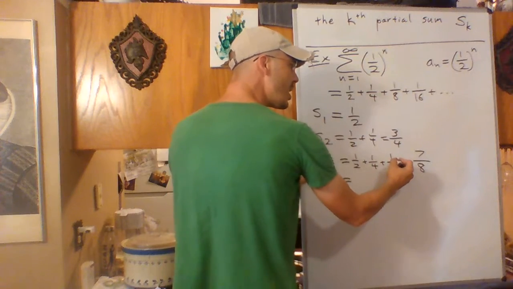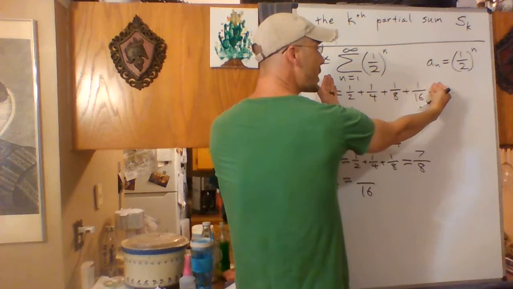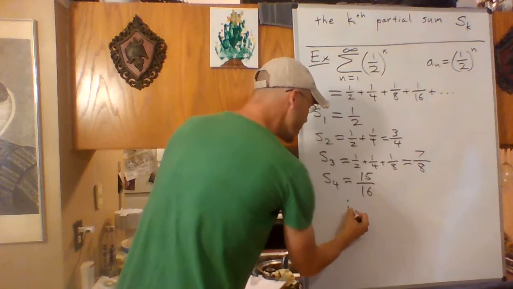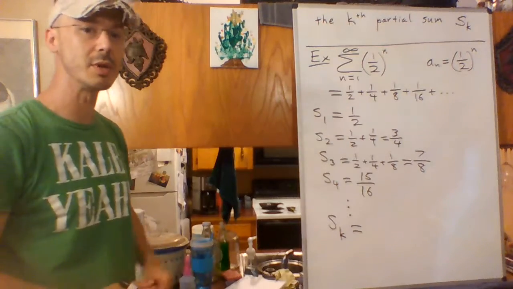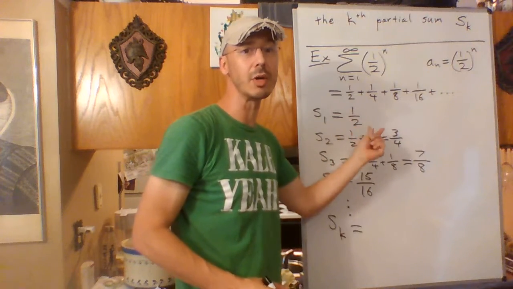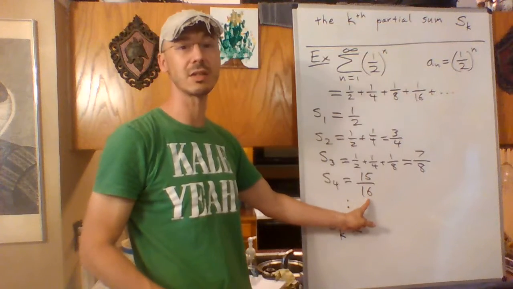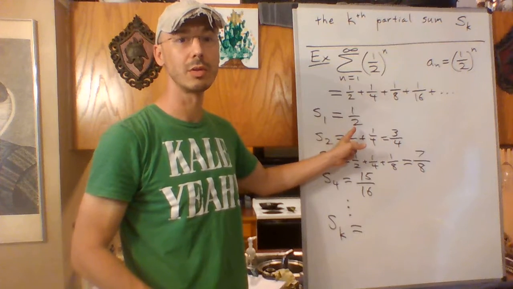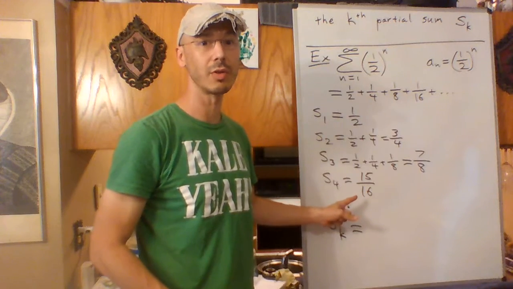If I add the first 4, well, S4, I'm just going to write it down rather than the whole list. It's so many 16ths. Well, how many? It's 15. And you can do work with the fractions if you want. Let's get to the general pattern though, which is S_k, the kth partial sum. Following this pattern, when I combine the fractions, 1/2, 3/4, 7/8, 15/16, notice that the denominator is a power of 2: 2 to the first, 2 squared, 2 cubed, 2 to the fourth.